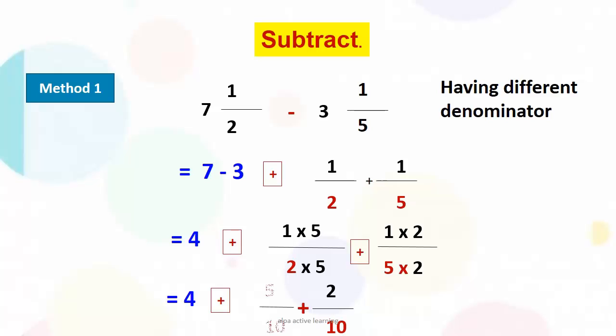So we write 4 plus 5/10 and 2/10. Again the same steps. So 5 plus 2 is 7. So your answer will be 4 7/10. Is it clear? Again you can write this as 4 7/10; if you multiply, 4 tens are 40 plus 7, 47/10.